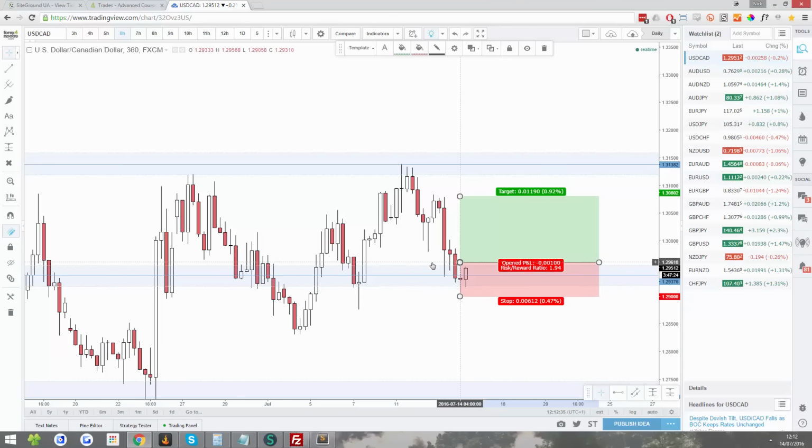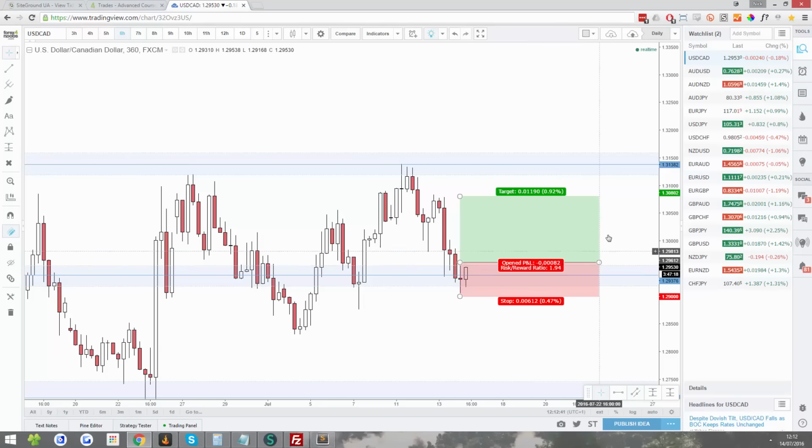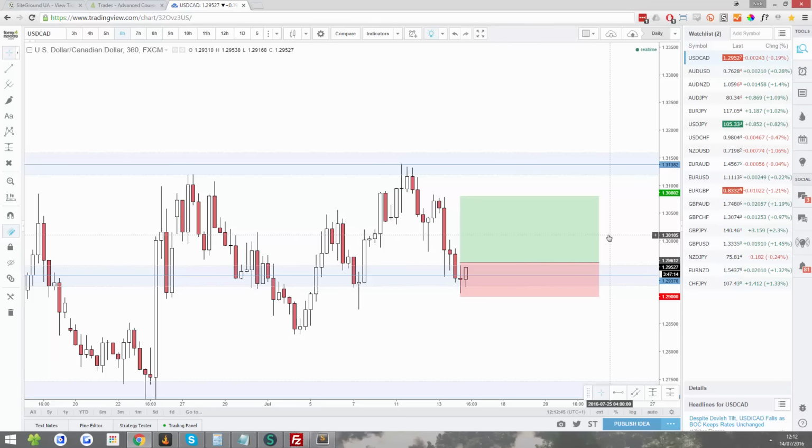If it breaks, obviously. I'm not going to enter until it breaks the high of that indecision candle. When I say ASAP, I mean as soon as it breaks the high of that indecision candle, I want to be in this trade. The thing about USDCAD is it kind of tends to, not always, but it has a tendency to pick a direction and then just start moving in that direction. So I don't want to waste much time with this trade.